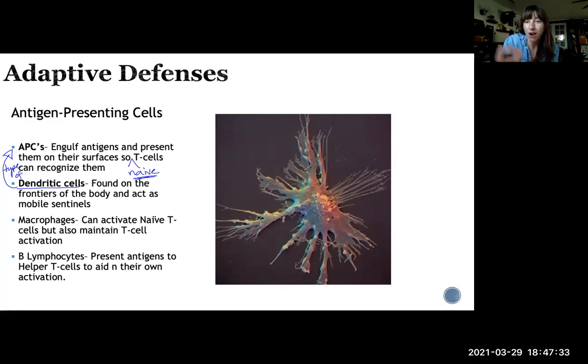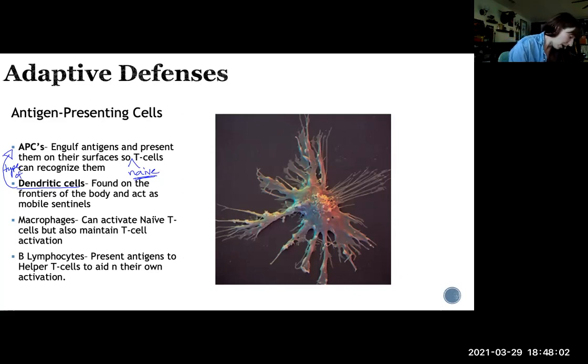It has to be brought to it by an APC. And that is like the final test of maturation, which is like, I don't know, like Game of Thrones or something. It's really kind of epic how that happens. So once T cells receive that antigen from an APC, they have to get it from an APC in order to recognize it. And then that's how they become competent, basically. That's how they go from being naive to being competent.